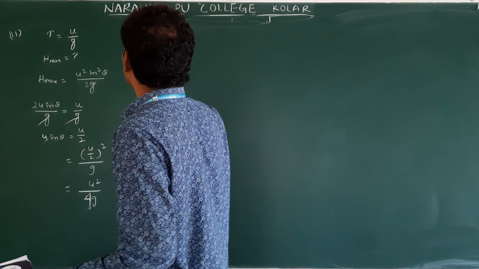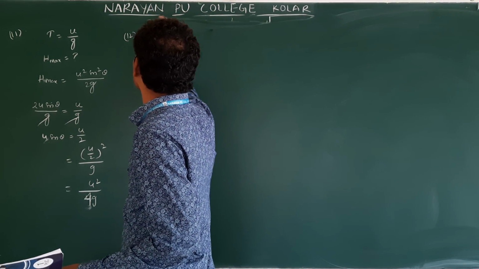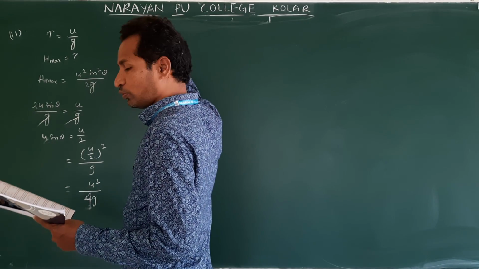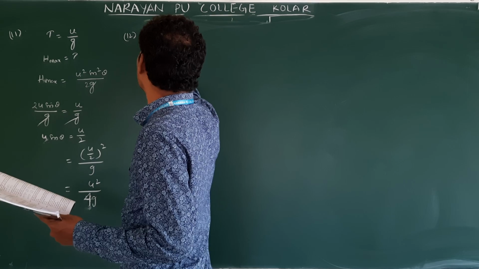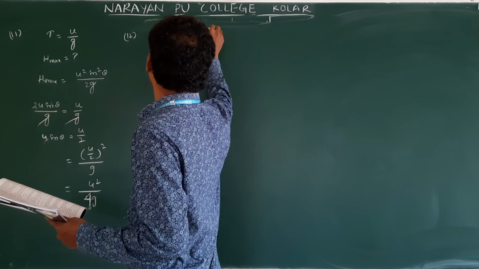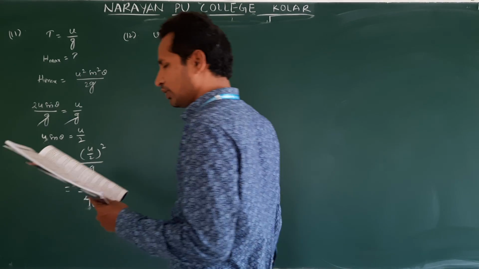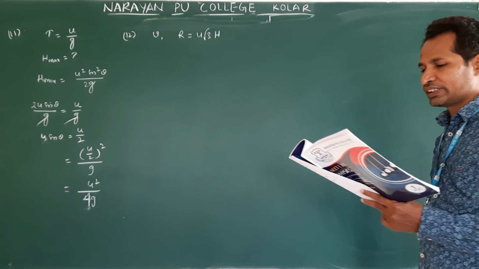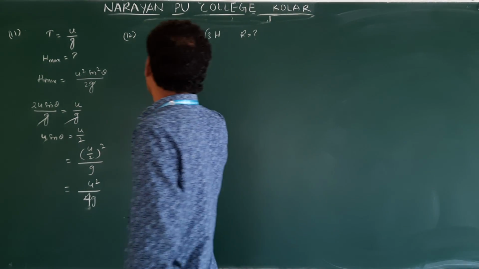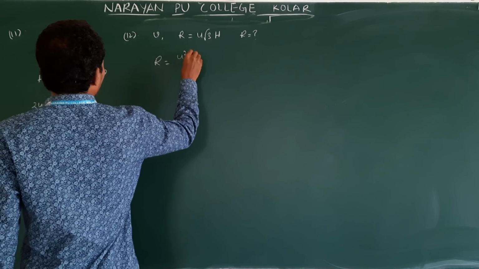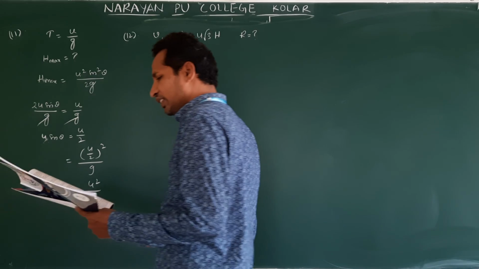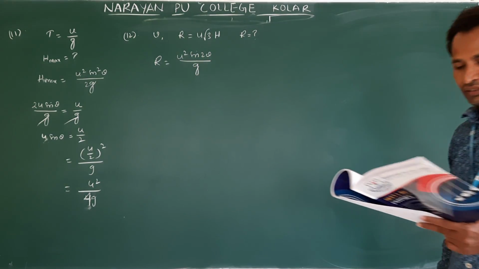They gave that it is projected with velocity v, and one relation is given: R is equal to 4 root 3 h. R is the question. What is the R formula? R is equal to u square sin 2 theta by g. Options are also in terms of u square and g.